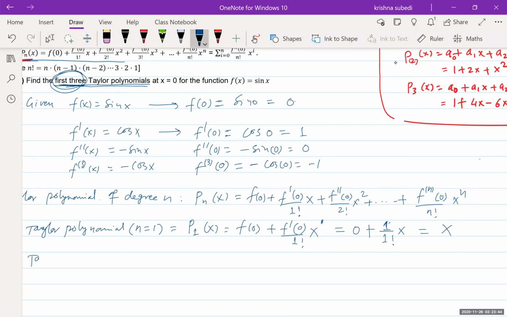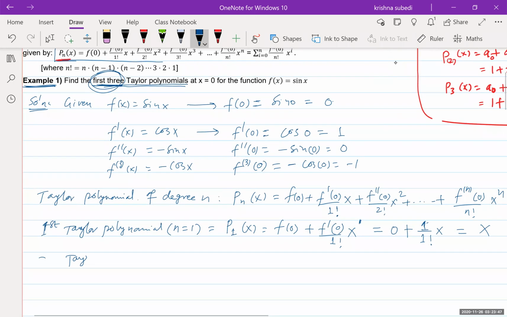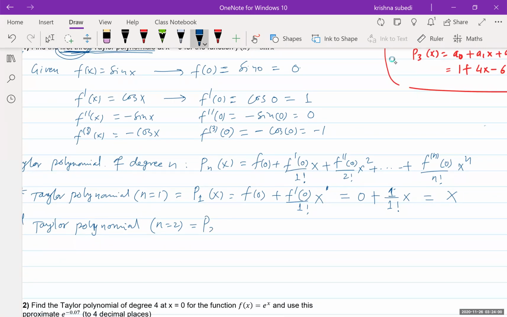Now let us find the second Taylor polynomial, which means n equals 2. So we'll write the formula up to x squared. The second degree polynomial is f of 0 plus f prime of 0 over factorial 1 times x plus f double prime of 0 over factorial 2 times x squared.